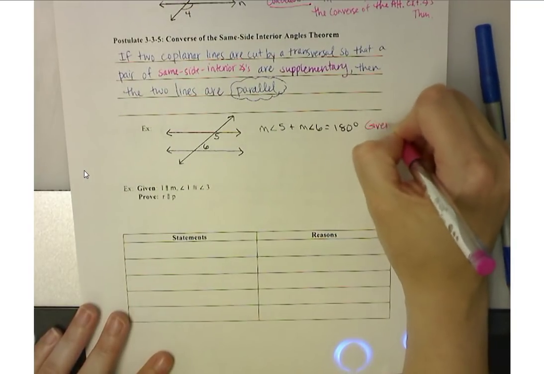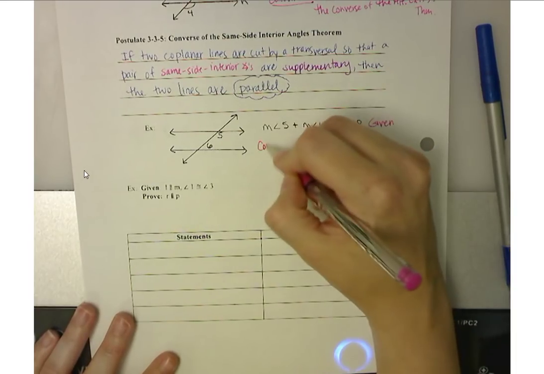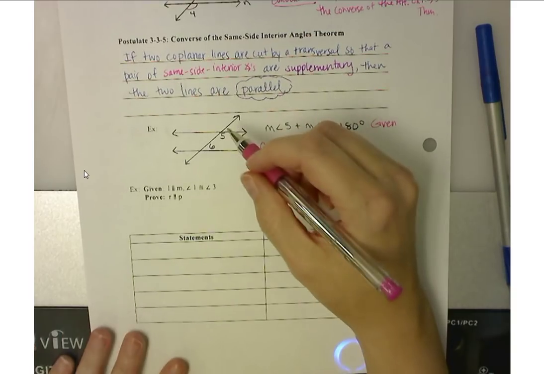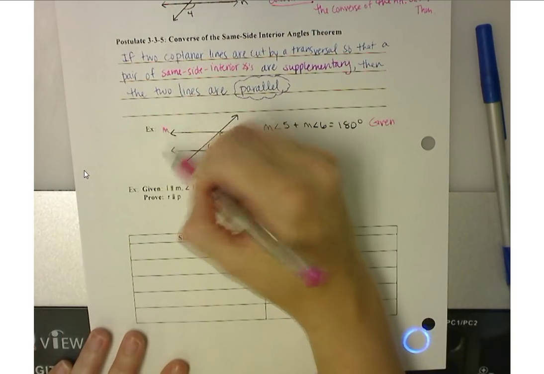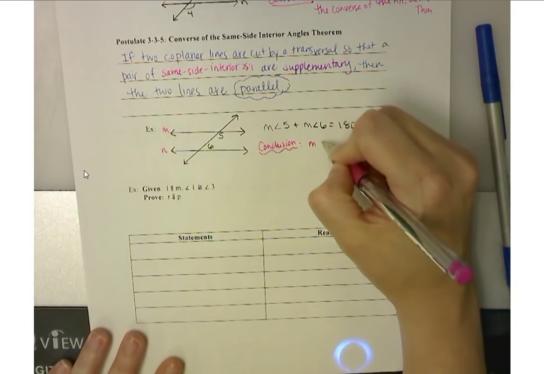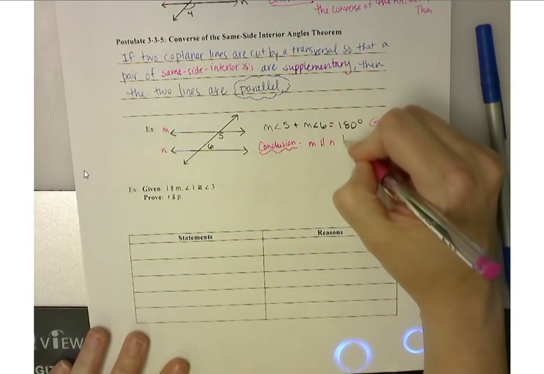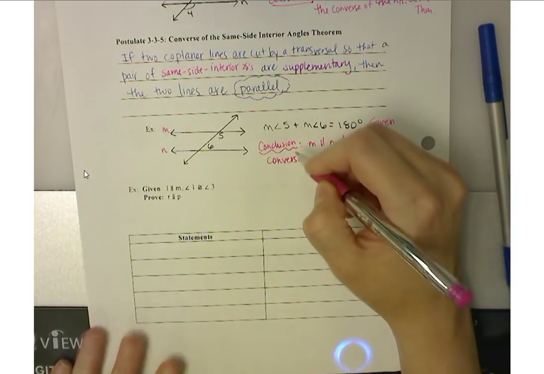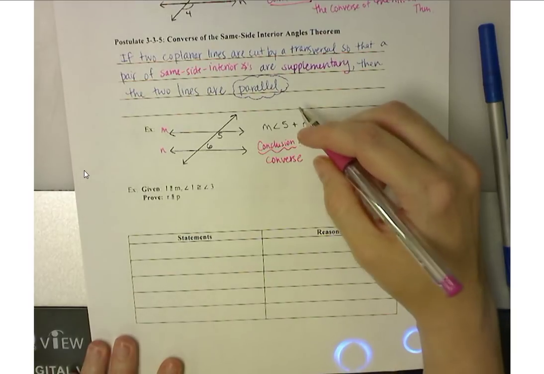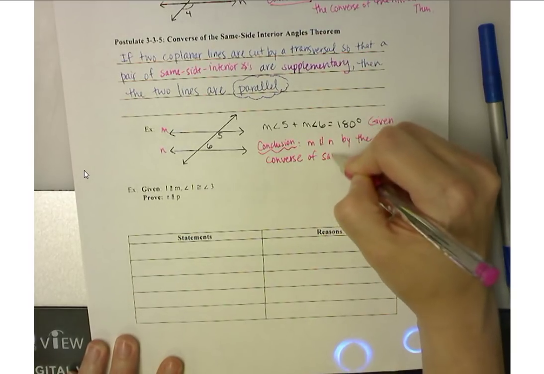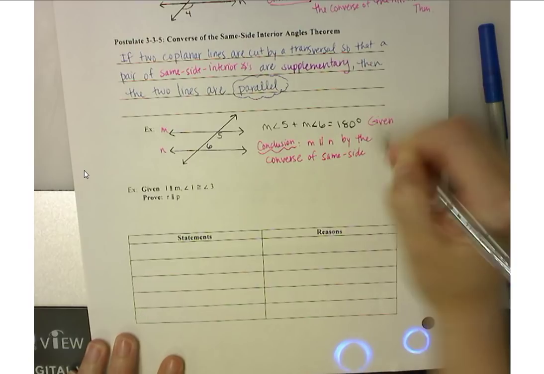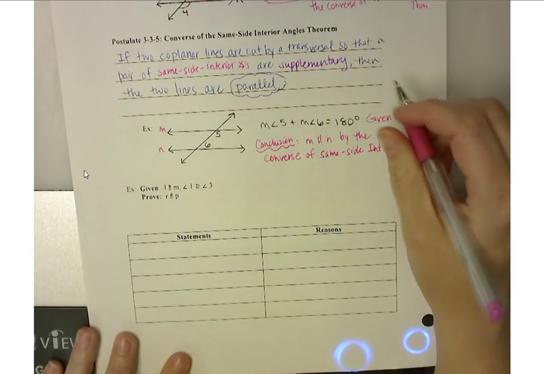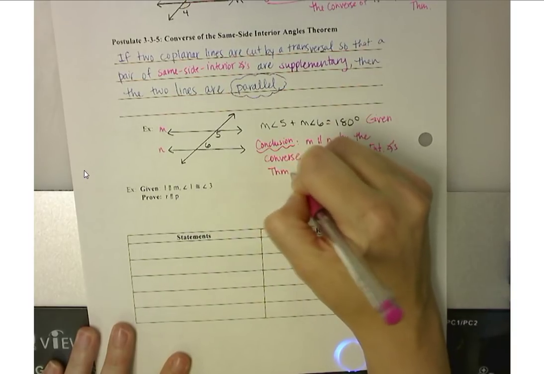So if that's given to us, then our conclusion is going to be, and we're going to label these M and N, that M is parallel to N by the converse of the same side interior angles theorem.